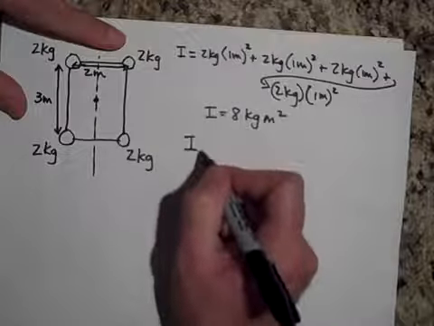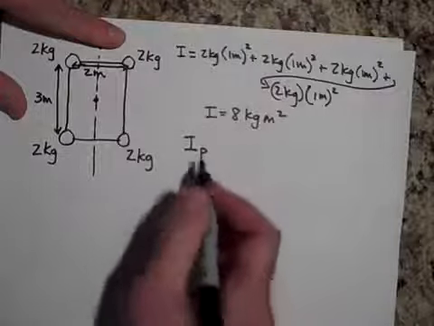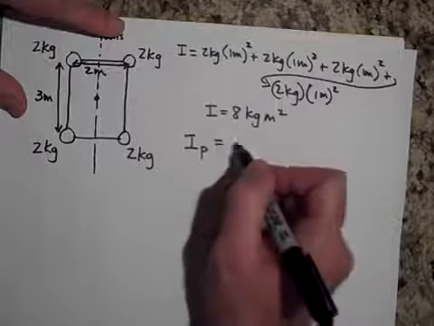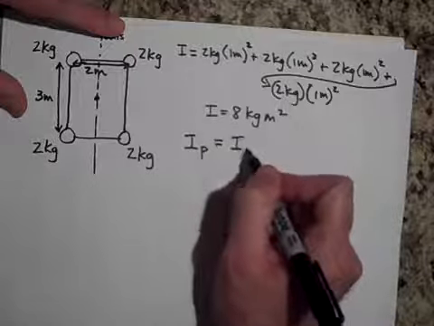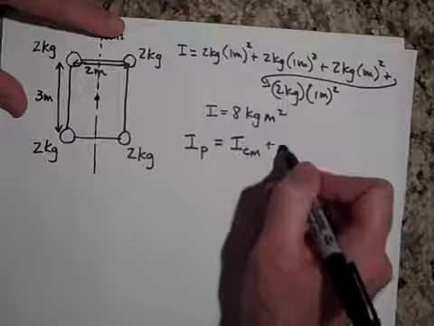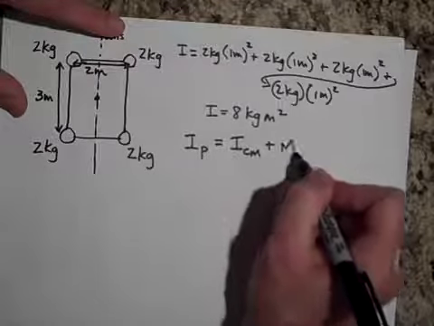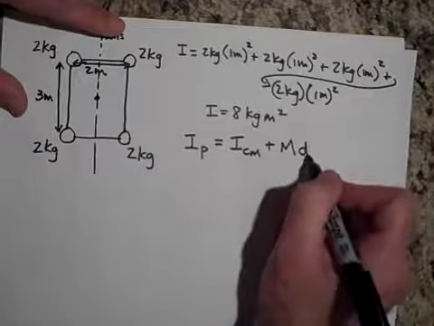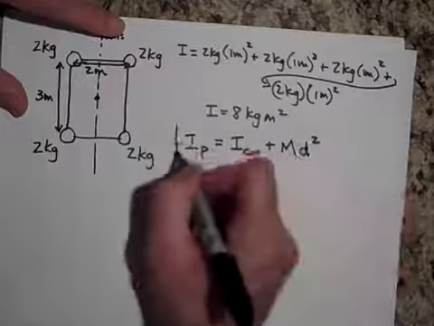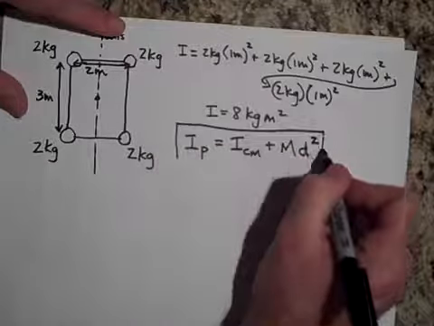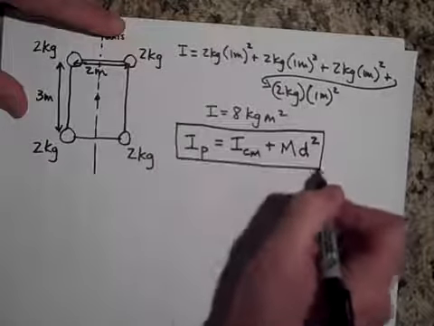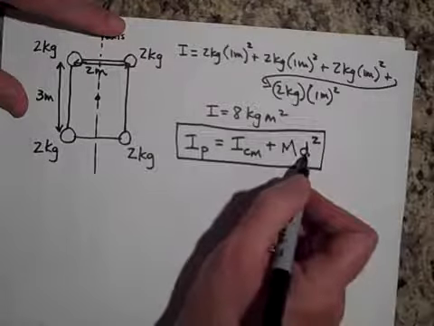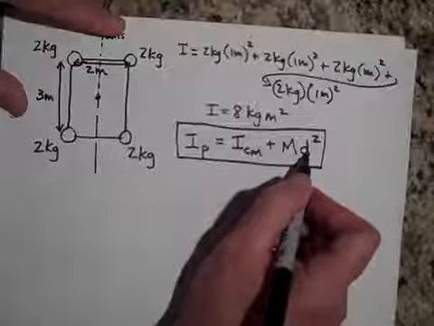I through an axis that's parallel to the center of mass is equal to I through the center of mass plus the total mass of the thing that's going to rotate about that axis times the distance between the two axes squared. So this is the total mass, and this is the distance between the two axes squared.